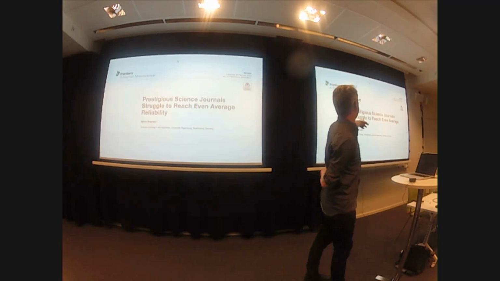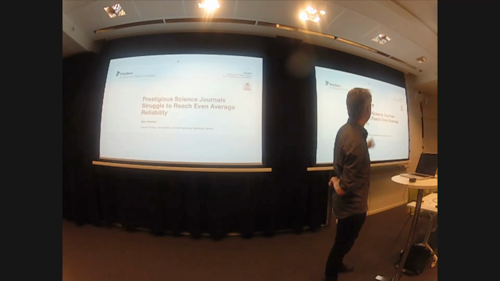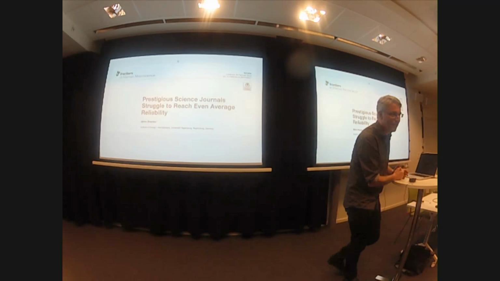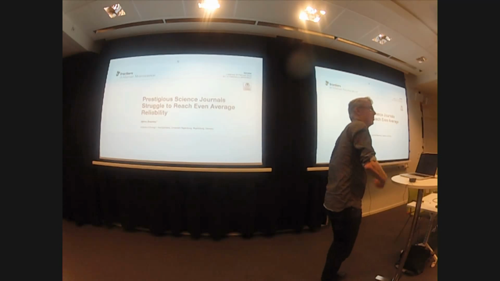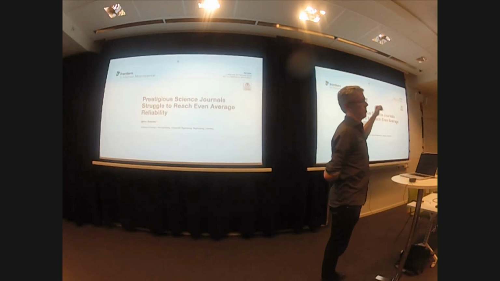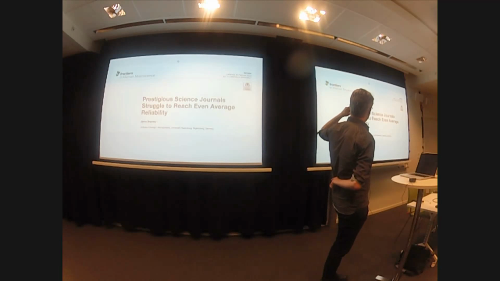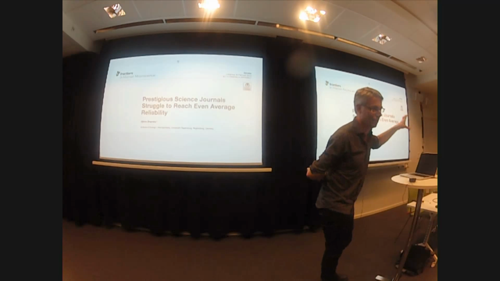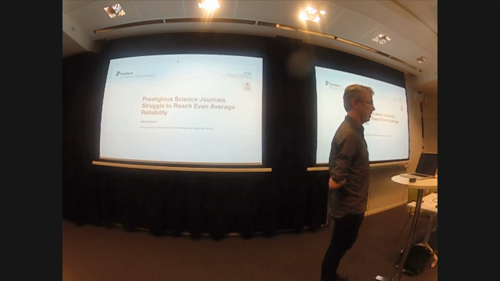So he published this paper last year in Frontiers in Human Neuroscience, demonstrating in a peer-reviewed paper that if you get your paper published in a more prestigious journal, like Nature, Cell, or Science, it's statistically even less likely to be reliable than a paper in a mid-level journal.